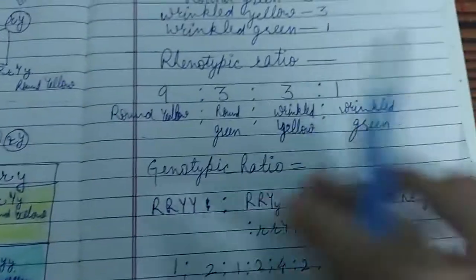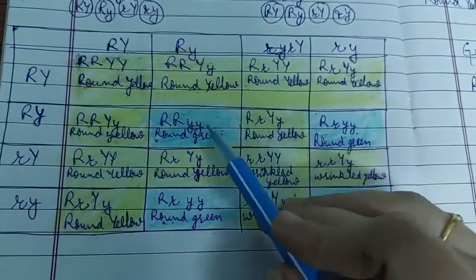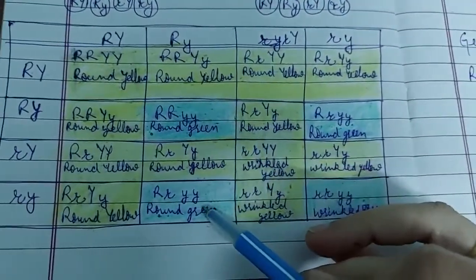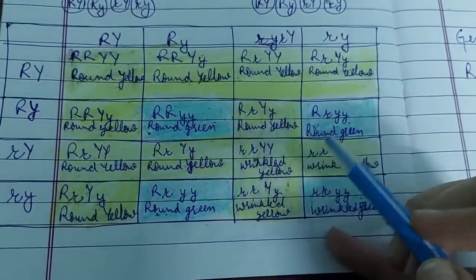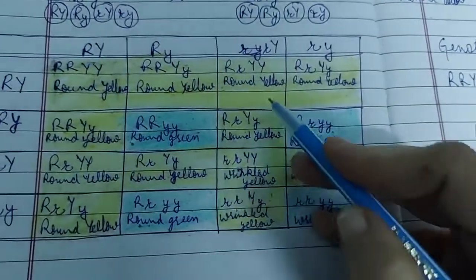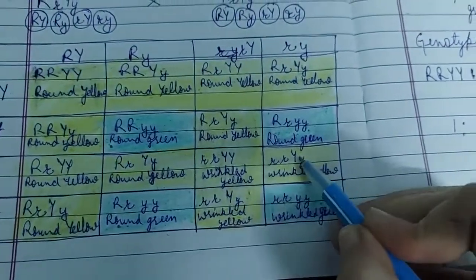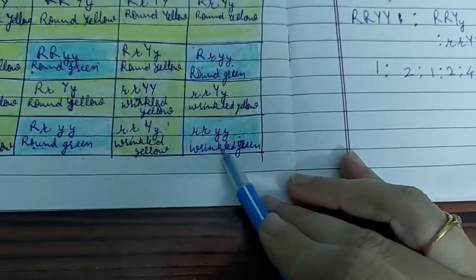So 9 round yellow, 3 round green: round green 1, 2 and 3. And 3 wrinkled yellow: wrinkled yellow 1, 2 and 3. And 1 is wrinkled green, the last one.